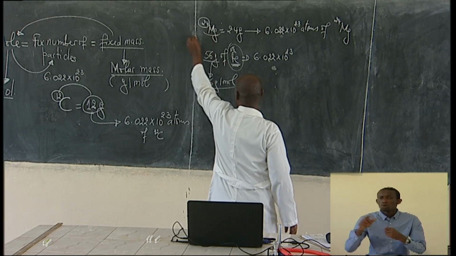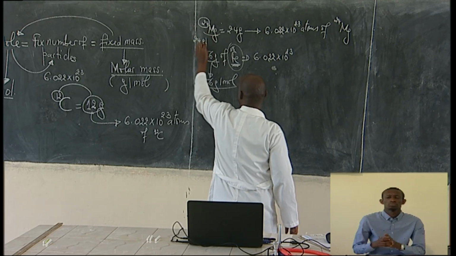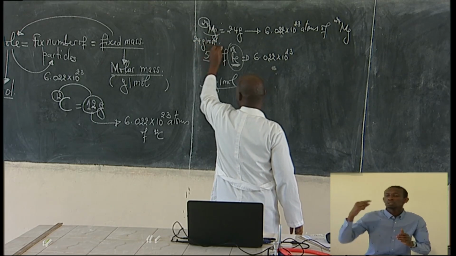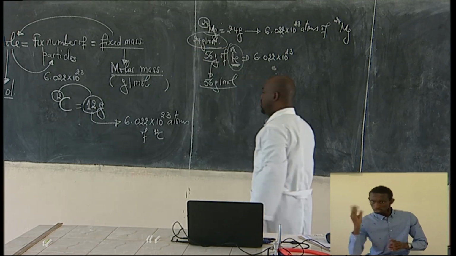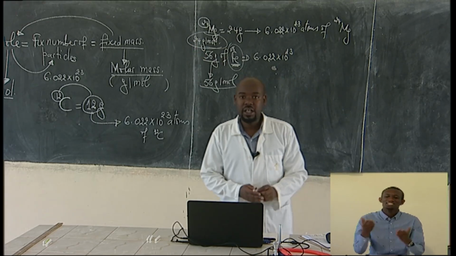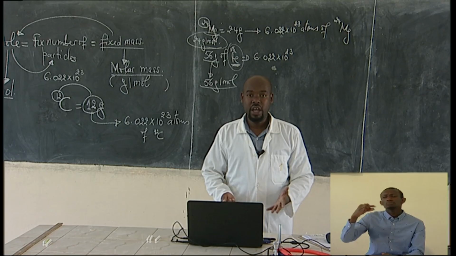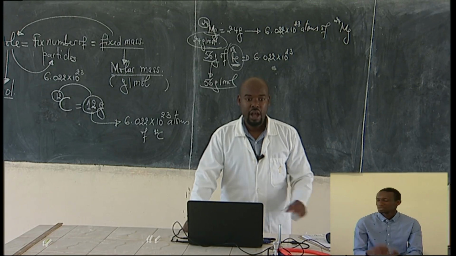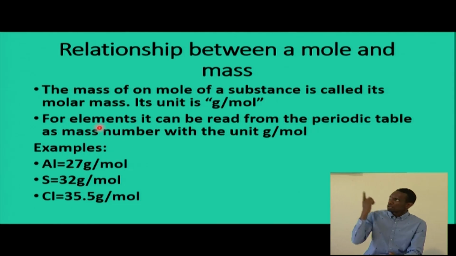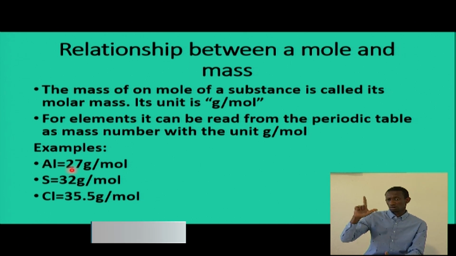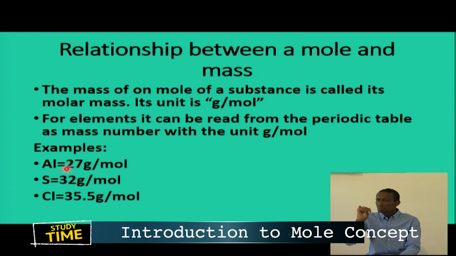For magnesium, 24 grams per mole. This is the molar mass of magnesium. Okay? Good. And here we have some examples. For aluminium, the mass we read on the periodic table is 27.